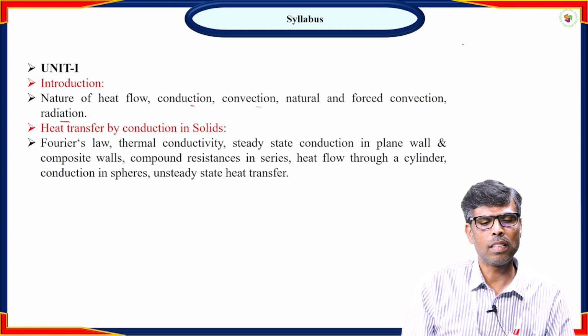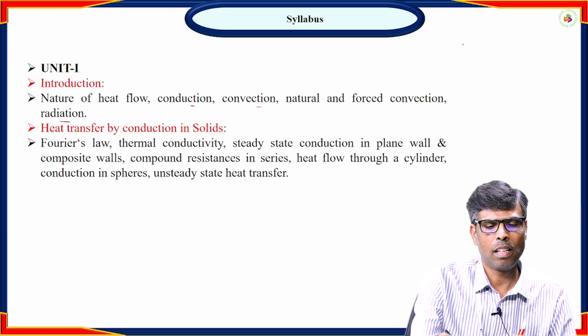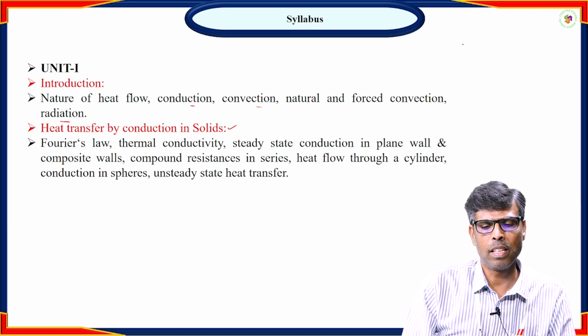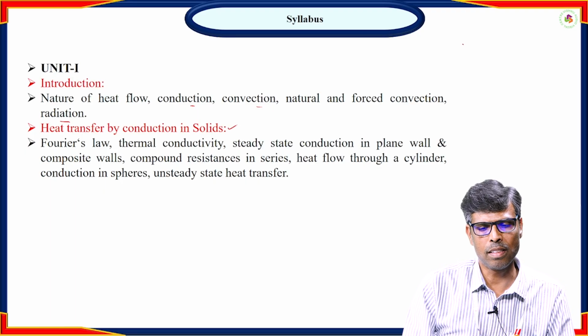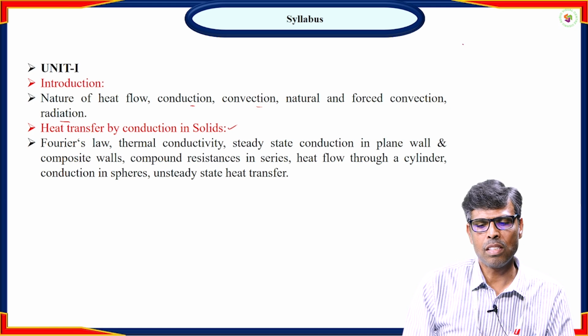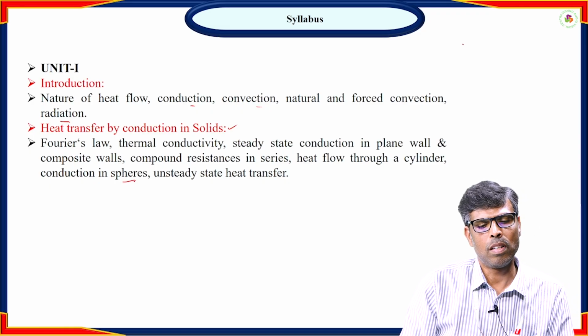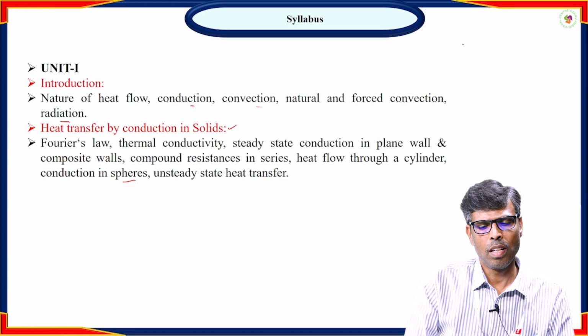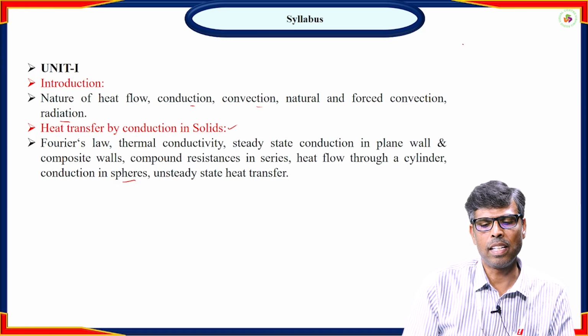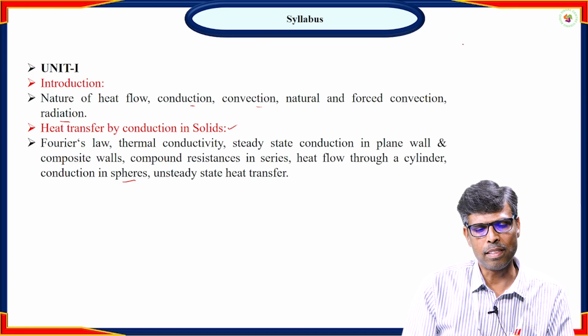In the second part, heat transfer by conduction in solid materials is discussed, and in this, Fourier's law and heat transfer rate calculation through the plane wall, composite wall, hollow cylinder and hollow sphere at steady state condition, and also unsteady state heat transfer through the solid materials.